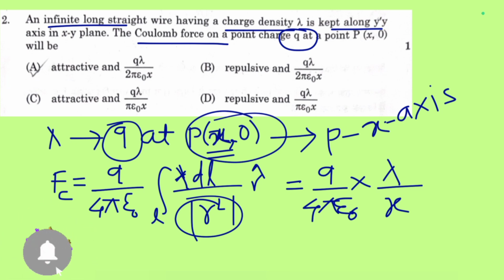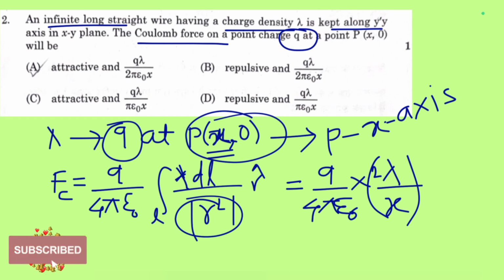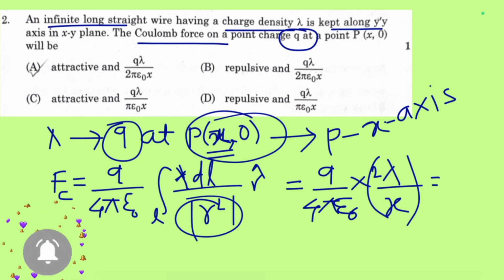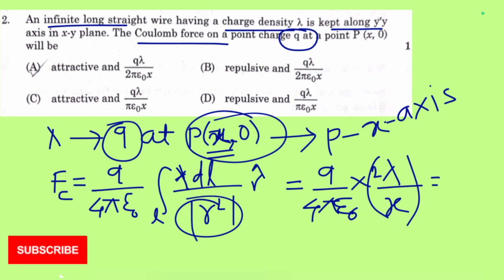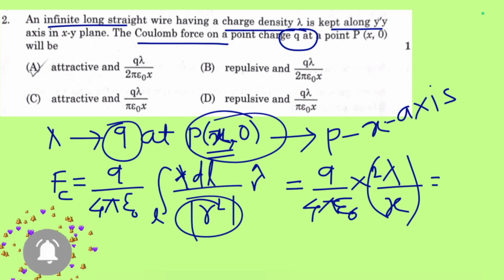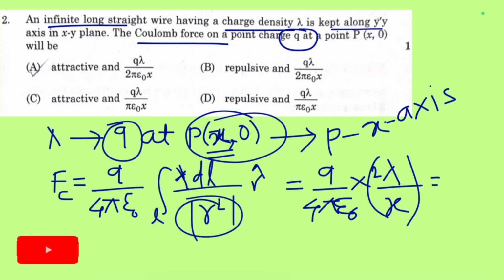After doing the integration and all, we will get this value. We don't have to do the integration here because it will consume time, and whatever the answer is, that is the direct answer given there. So I will just simplify this. After doing the integration I will get this particular value, 2 lambda upon x. Don't think about this too much.